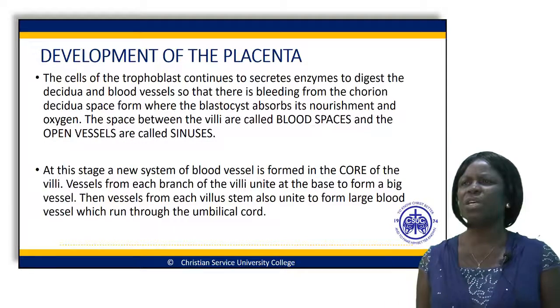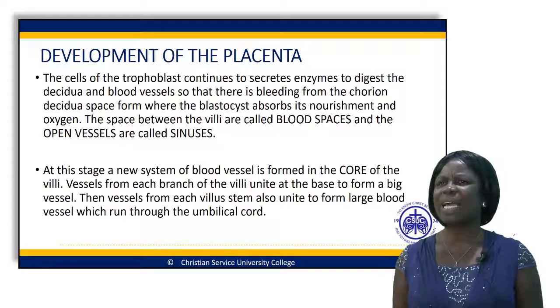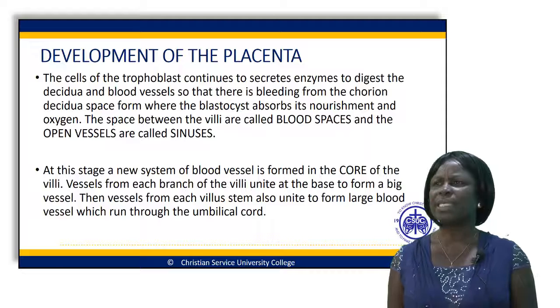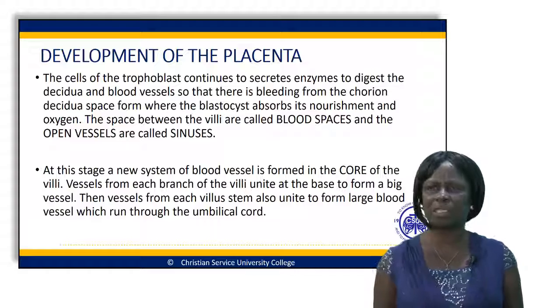The cells of the trophoblast continue to secrete enzymes to digest the decidua and blood vessels, so that there is bleeding from the chorion into the decidua space, from where the blastocyst absorbs its nourishment and oxygen.